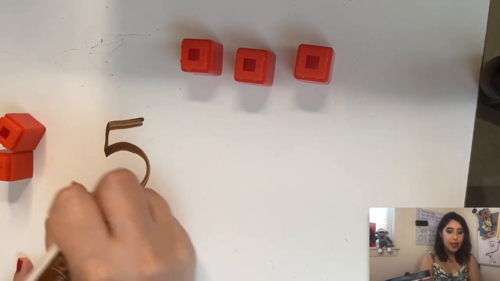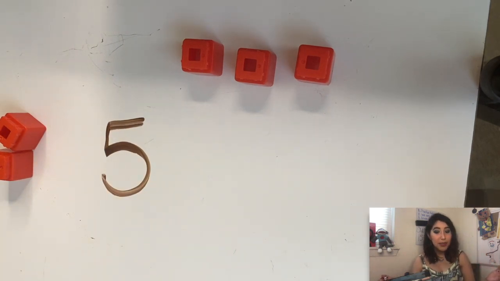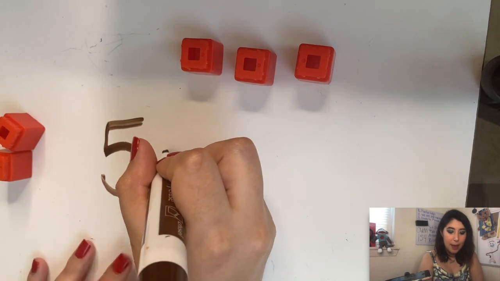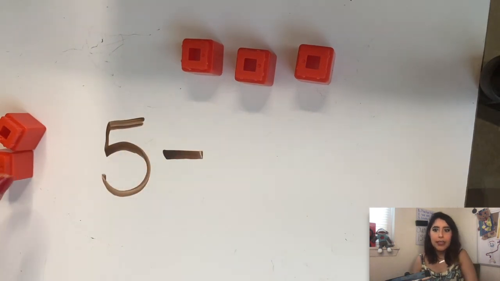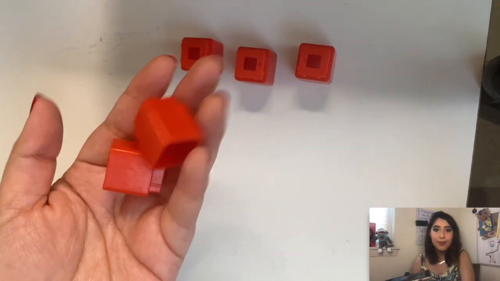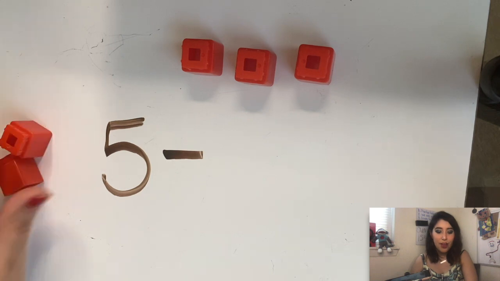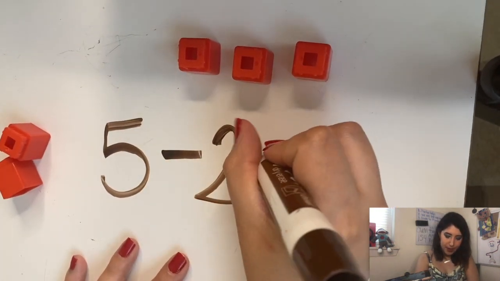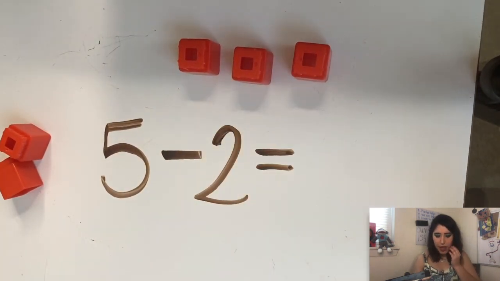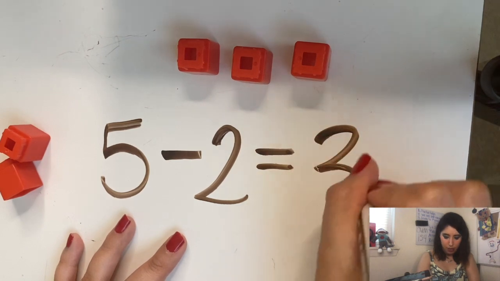5. And what symbol do we use when we're taking away? Minus. And how many did we take away? 2 equals. And how many are left? 3.